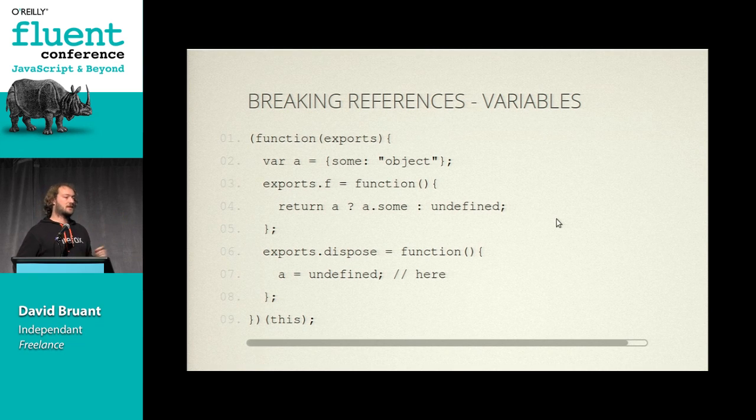But the goal here is just that the variable A does not refer to the object anymore. So you can put any value actually. It can be a new object, it can be null, it can be a number. But the point is just assigning a new value. So the idea is to break references.